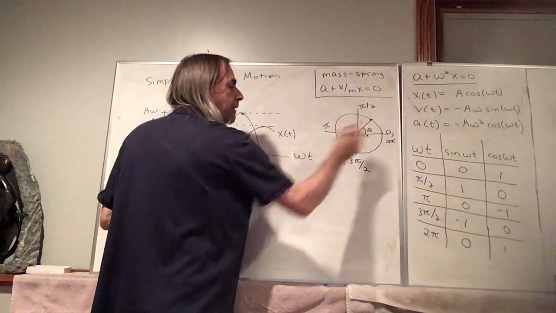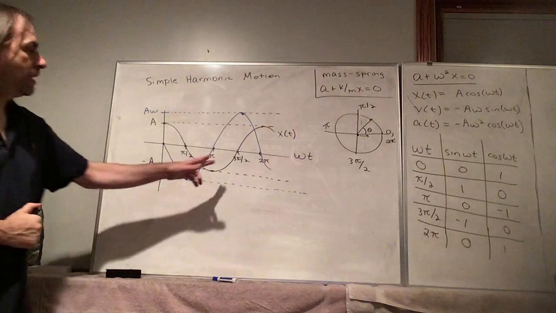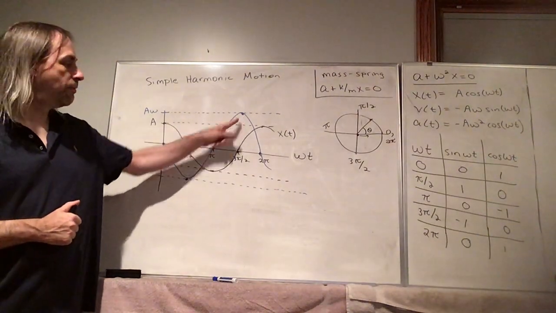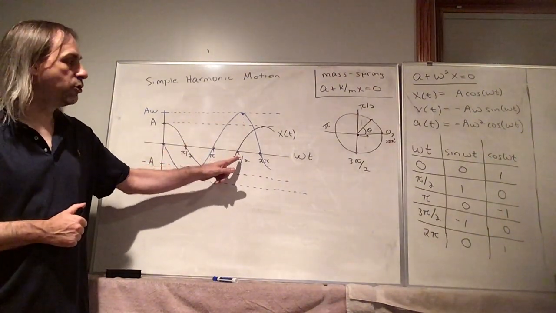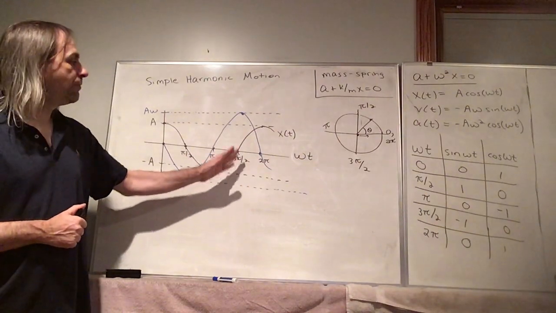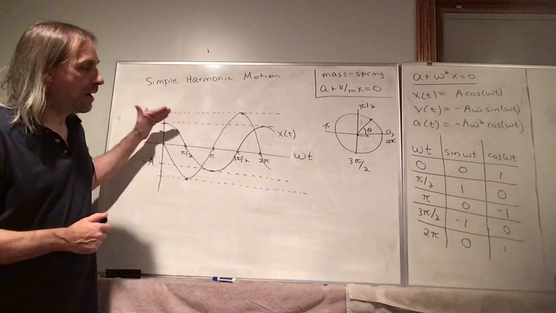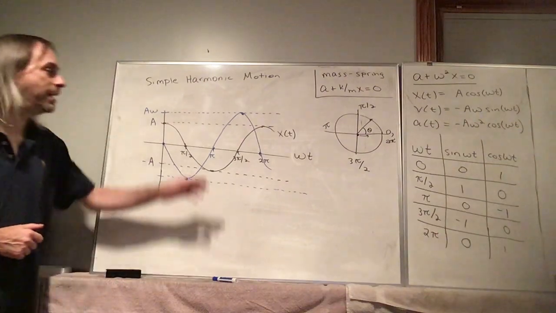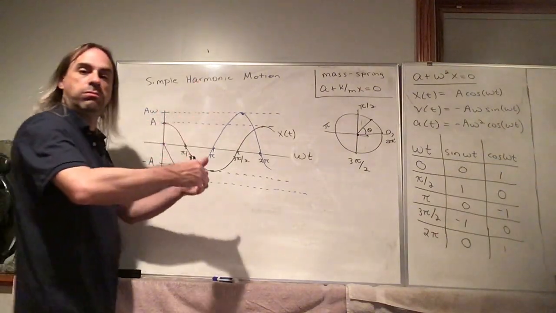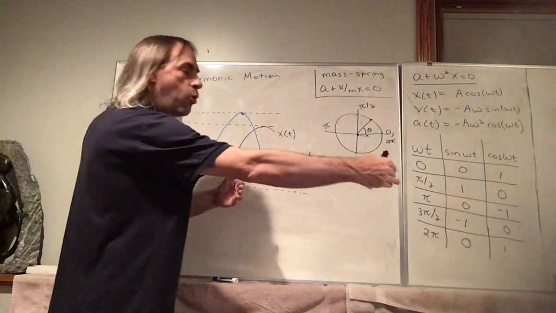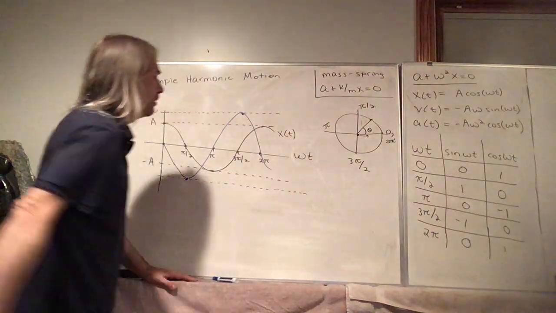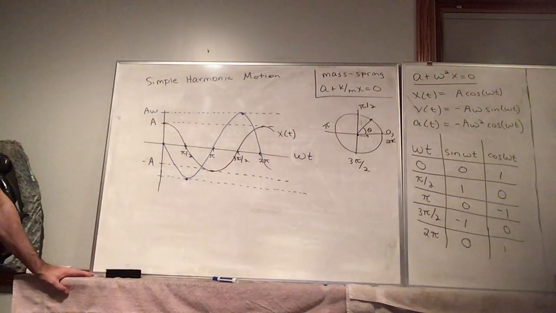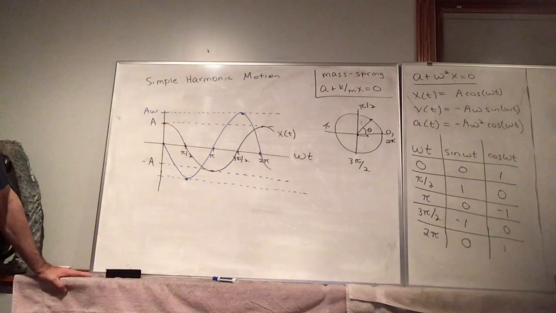So here it would be like this. We're back at x equals 0 at maximum velocity, but we're at maximum velocity to the right. And so now we're stretching the spring, and so it's pulling back and we're slowing down. So we've gone through this full cycle here.